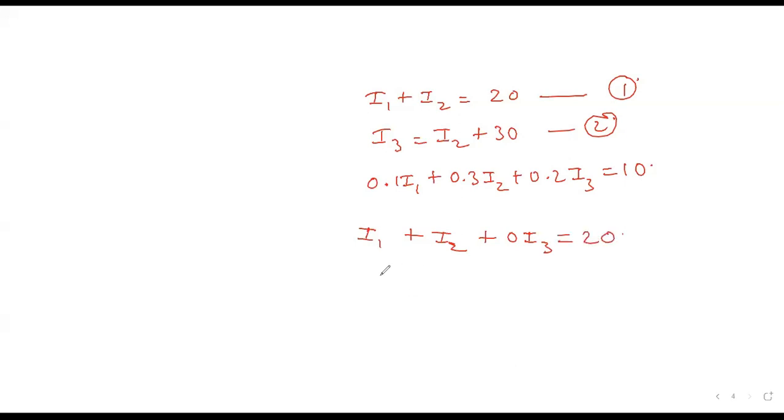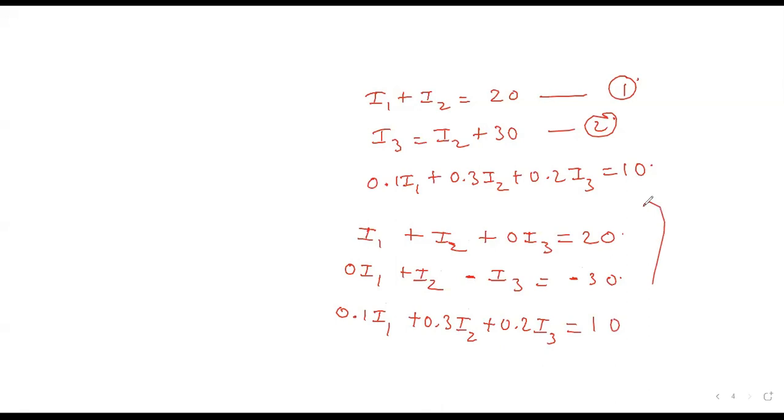And here 0 I1 plus I2 minus I3 is equal to minus 30. And here it is 0.1 I1 plus 0.3 I2 plus 0.2 I3 is equal to 10.